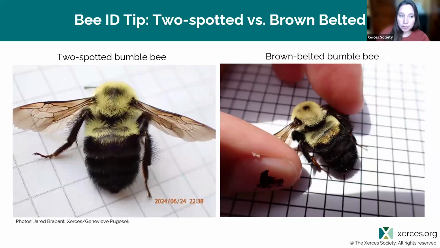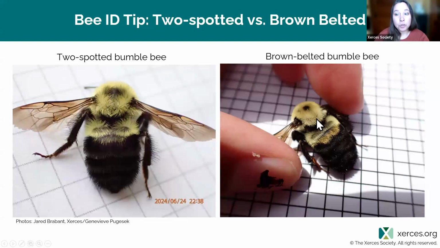Brown-belted bumblebee males, as I alluded to previously, can be a little easy to confuse with two-spotted bumblebees, especially for brown-belted bumblebees that don't have a really nice orange or dark saturated color on T2. So things to look out for when you're separating these species is the length of the hair.